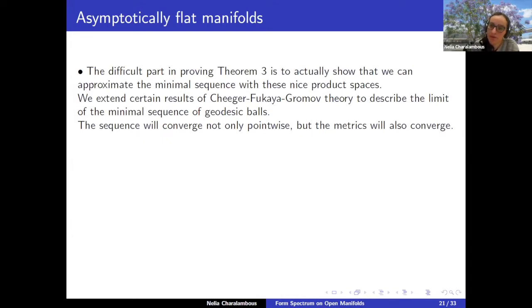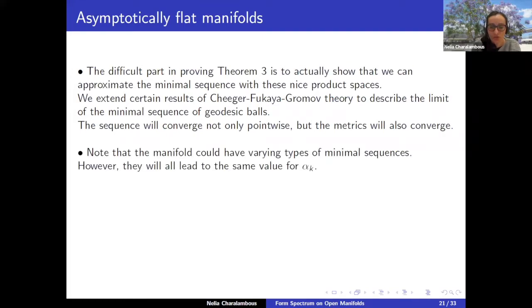And the important part in this convergence theory is that the sequence will not only converge pointwise, but the metrics will also converge, and therefore it will also give us information about the spectrum of the manifold.